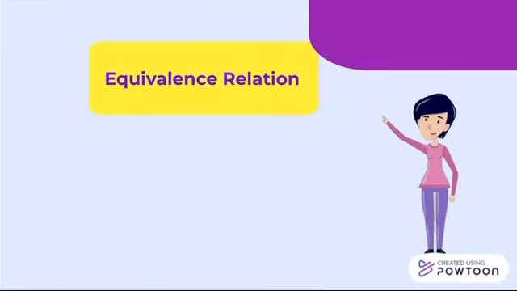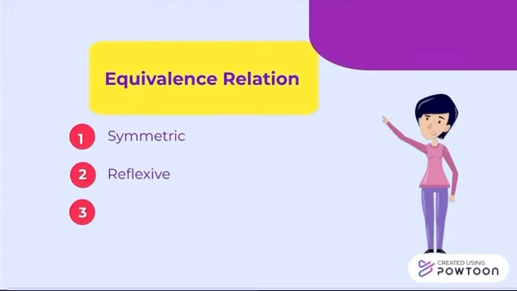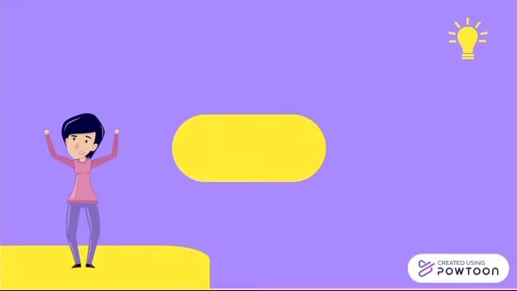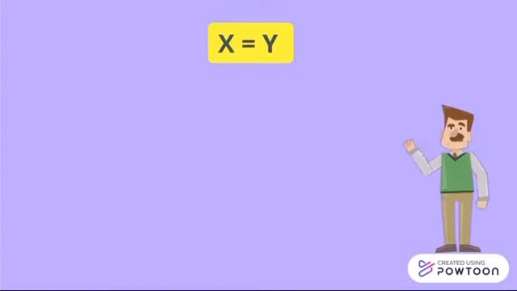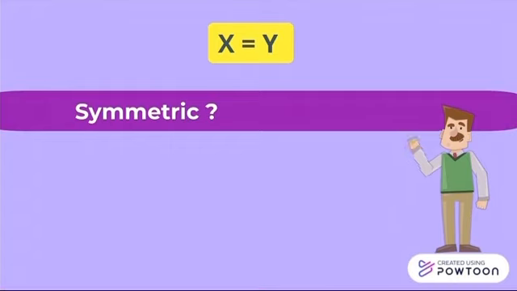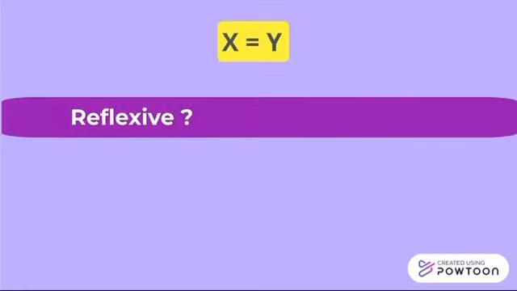Equivalence relation is a relation that is symmetric, reflexive, and transitive. Let us look at this question: x equals y. Is it reflexive? Definitely yes, because x equals x and y equals y. Secondly, is it symmetric?